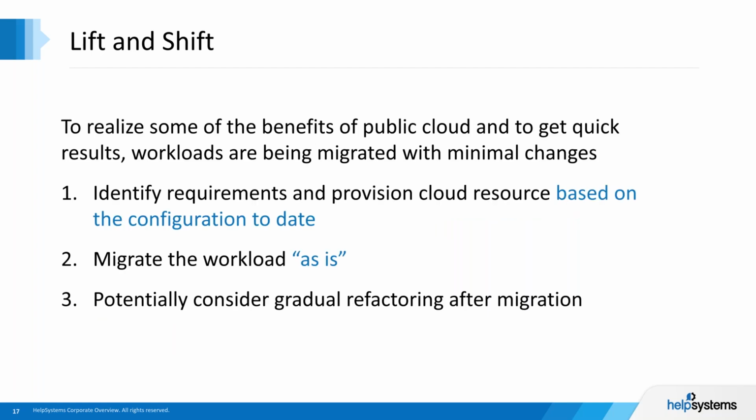So the lift and shift is the more simplified approach where you take the application as is and you move it over. You look at the current configuration and try to mimic that in the cloud, and then potentially later in the life cycle of the application, you will consider doing some sort of gradual refactoring after the migration.